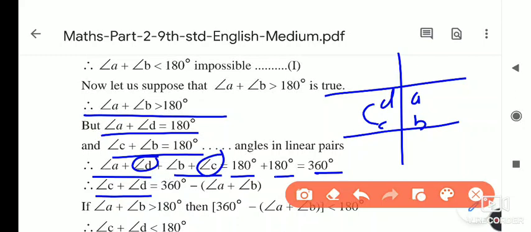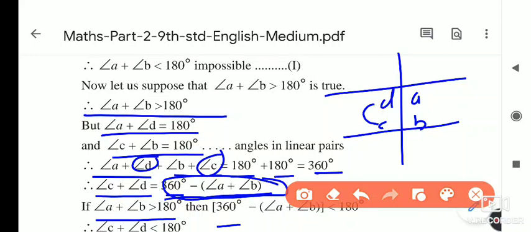So C plus D is equal to 360 minus A plus B. As A plus B is greater than 180, the right side is 360 minus something greater than 180, and this answer is less than 180, which means C plus D is less than 180.